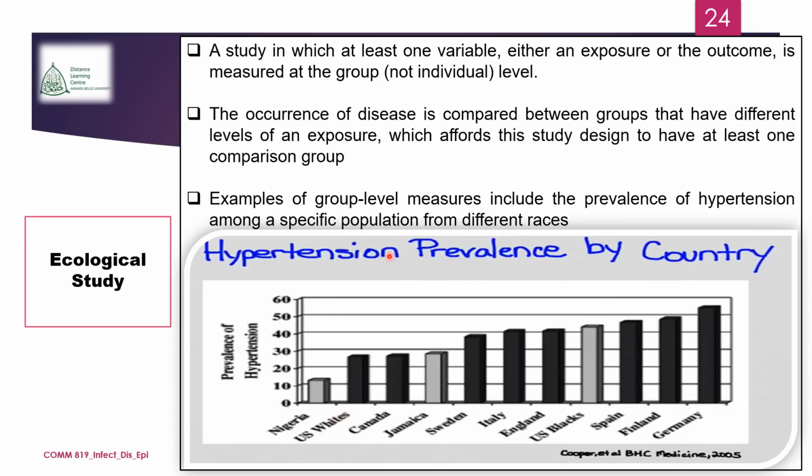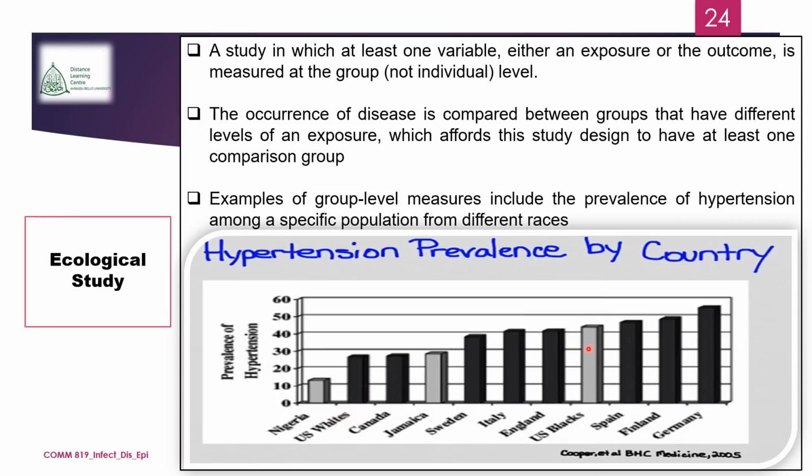The hypothesis was that the prevalence of hypertension was higher in black races than white. This was postulated, I think, in the US. They observed that the prevalence of hypertension is usually higher in US black when you compare with US white. You can see this is US white, and this is US black.